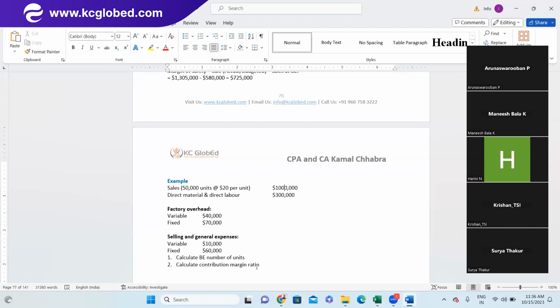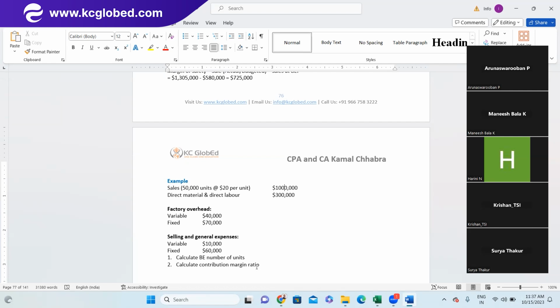And what is the contribution margin? What is the sales price? $20 per unit. What is the variable overhead cost and variable selling and general cost? 50,000 divided by 50,000 units, that is $1 per unit.